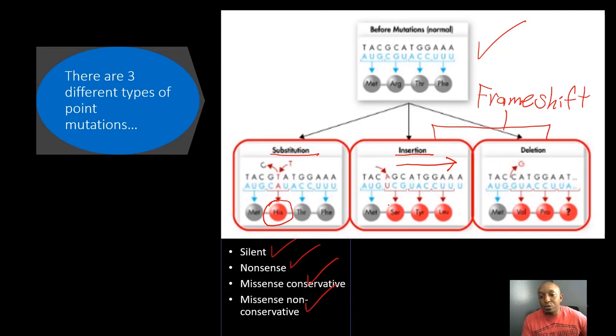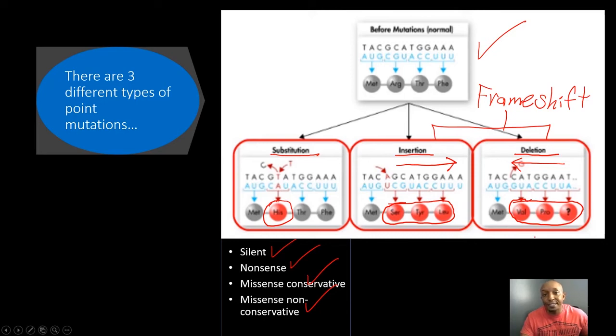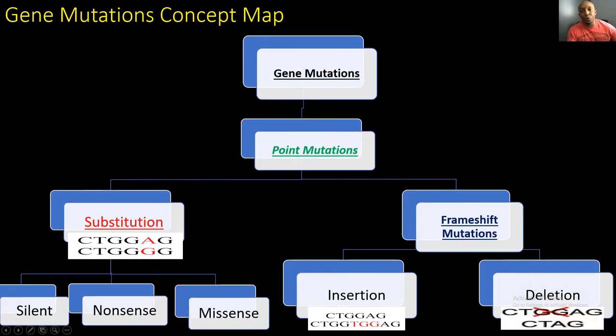And what this can lead to is the production of the wrong amino acids, which leads to a genetic disease. If we look at frameshift deletion, notice that this G has been deleted, which causes this whole DNA strand to be shifted down. And when this happens, this causes the wrong amino acids to be produced, which can lead to another genetic disease. Let's do an overall review of gene mutations by looking at the following concept map.